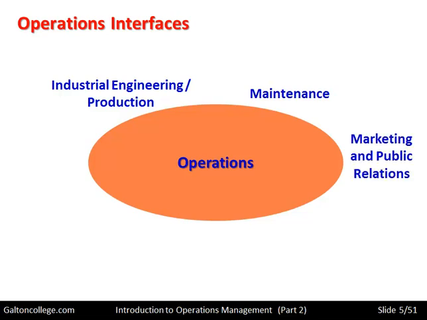There's also marketing and public relations. It's important that marketing, the marketing department, informs operations about orders that are about to come in, the size of the order and the type of product that's been required, and if there are any special products that are required as well.